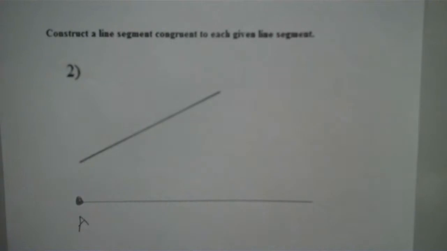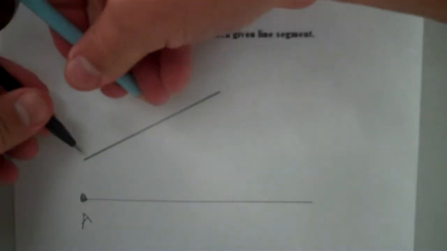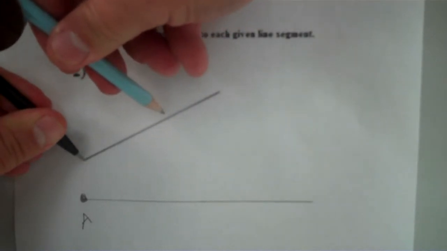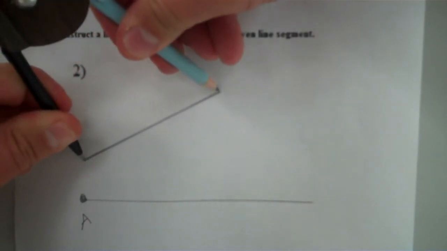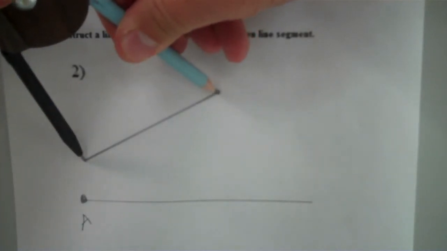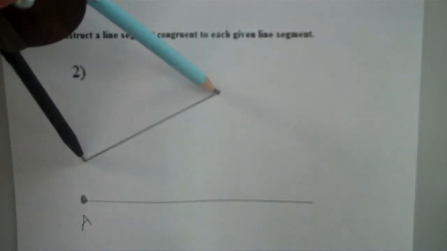We are then going to take our compass, open our compass so that it's equal to the distance of the segment given above.